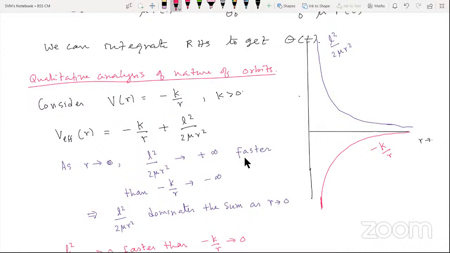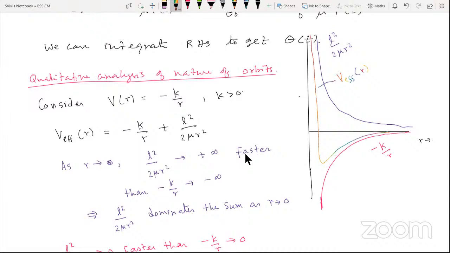Now, the sum of these two, let me draw this. So as r goes to 0, this is what dominates, and as r goes to infinity, this is what dominates. So this is what it looks like. So this is basically your effective potential, V effective of r. Okay. So this is the effective potential corresponding to this.